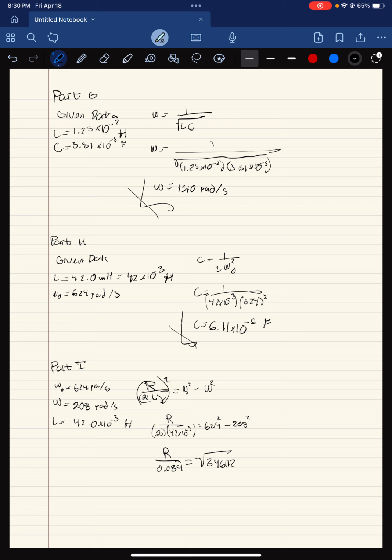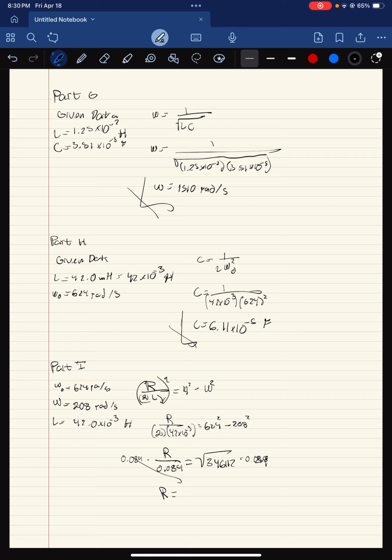Now, let's multiply both sides by 0.084.